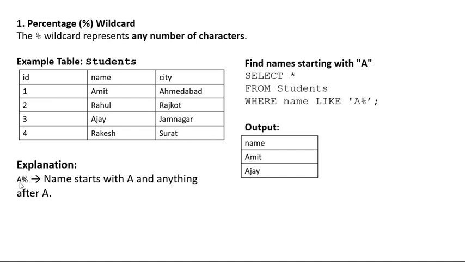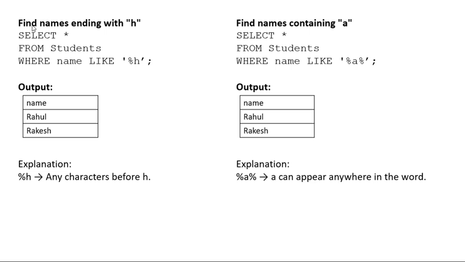Explaining A and the percentage sign: the name starts with A and anything after it is printed. Another example of the percentage wildcard: find the names ending with h.